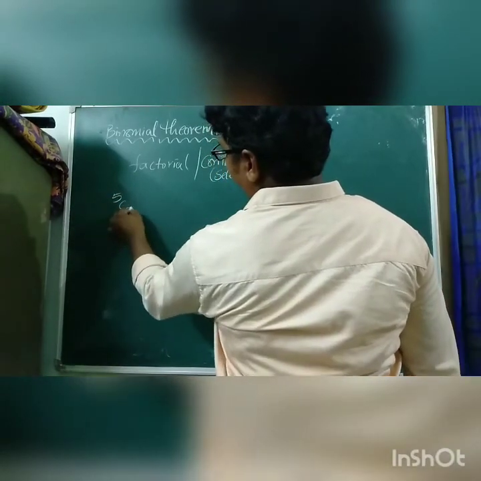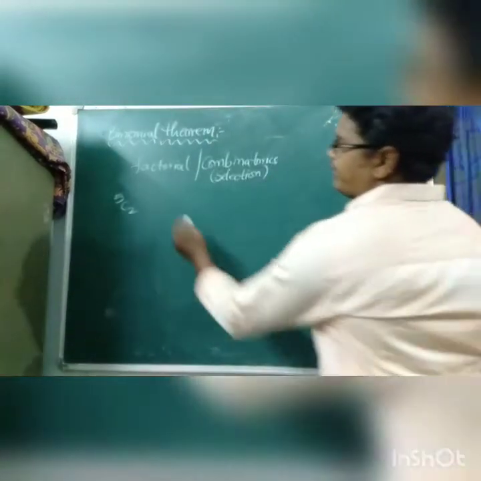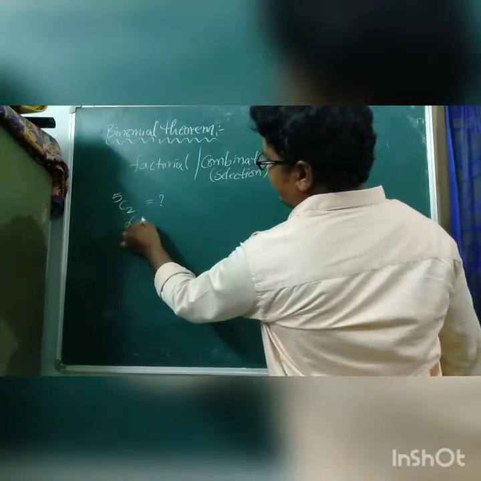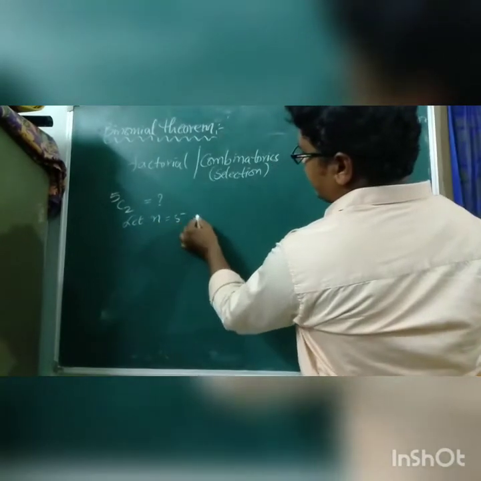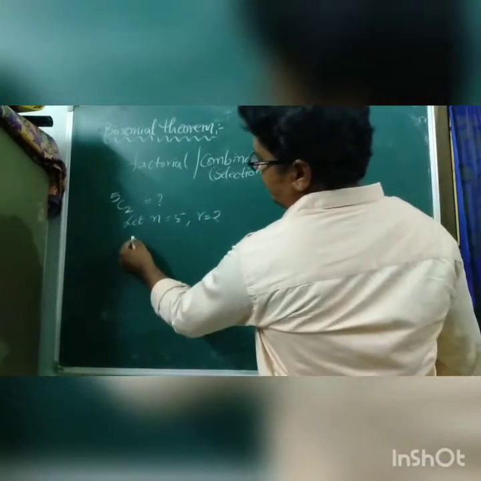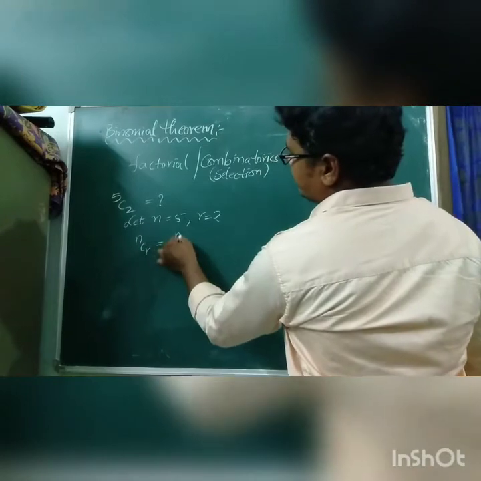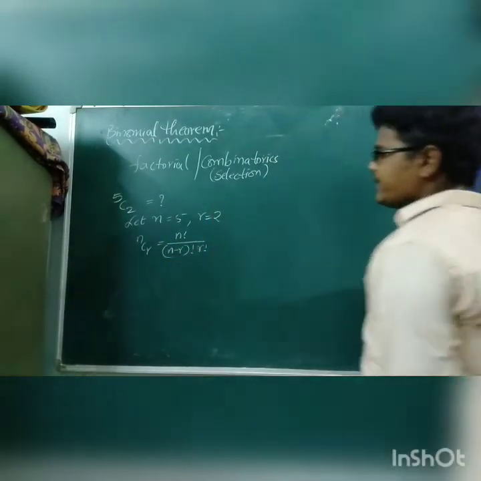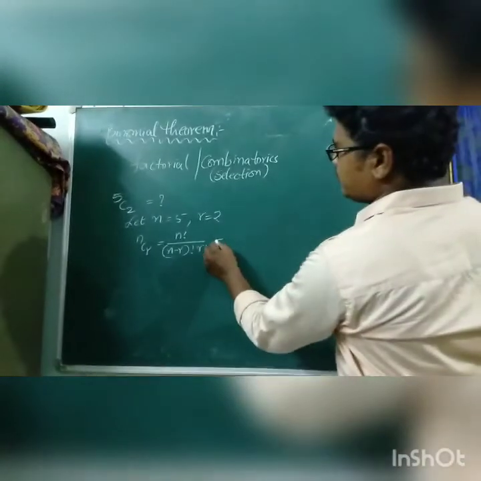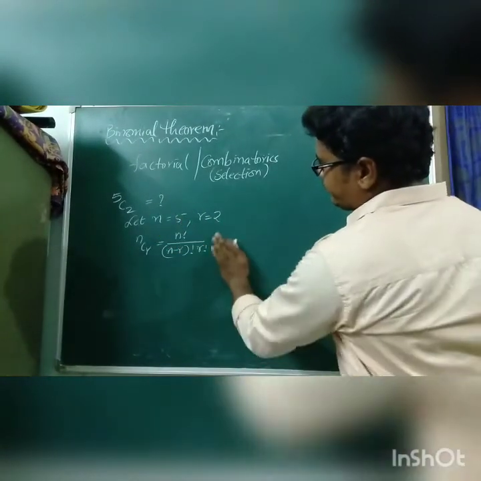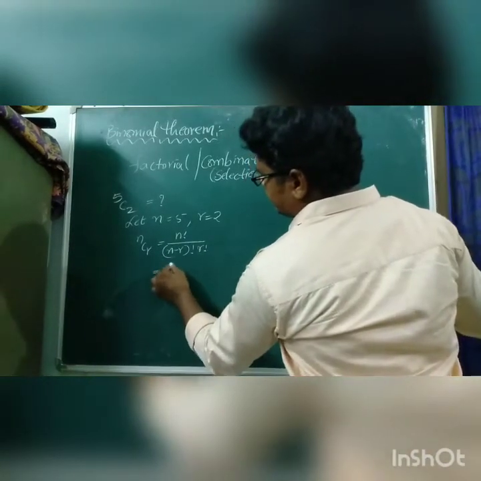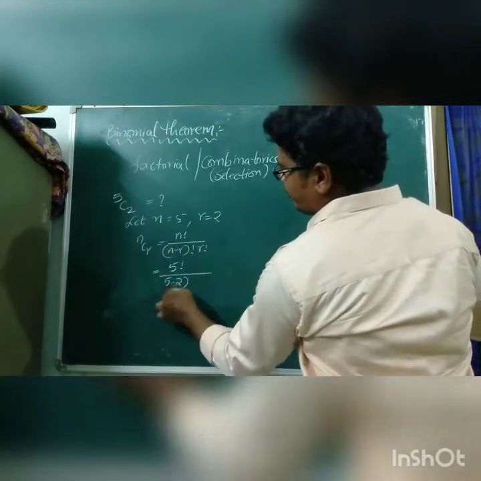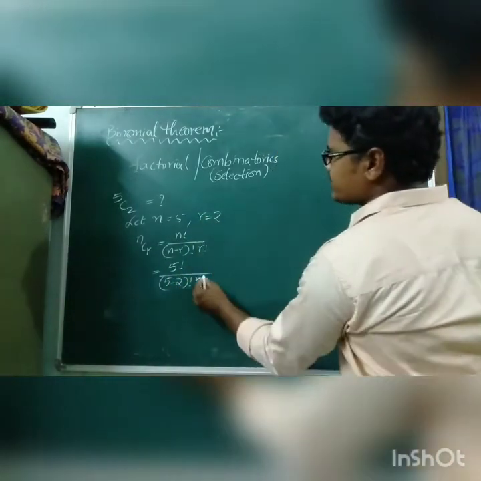I want to find the value of 5C2. How much is the value of 5C2? In place of n we have 5, so let n equal 5 and r equal 2. What do you know about the combination formula? nCr is equal to n factorial by n minus r factorial into r factorial. Now substitute these values. 5C2 means 5 factorial by 5 minus 2 whole factorial into 2 factorial.